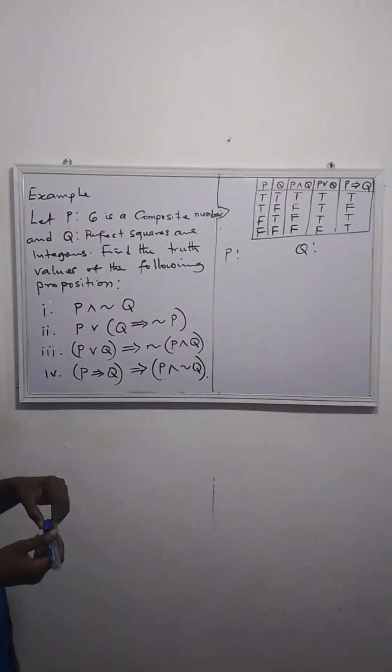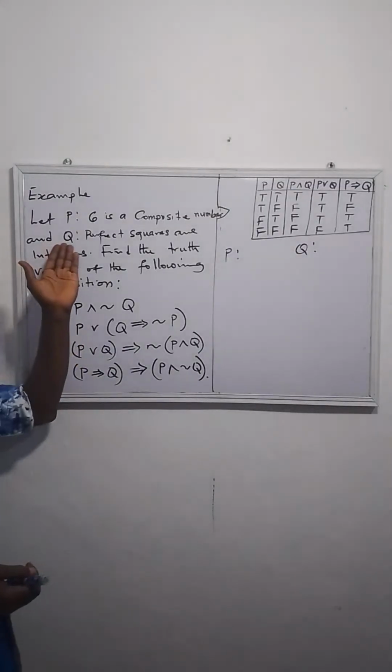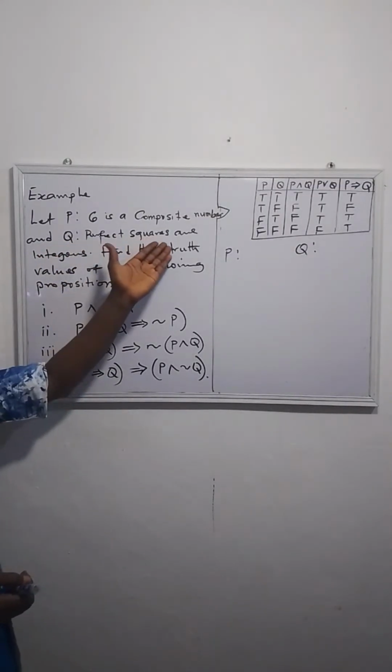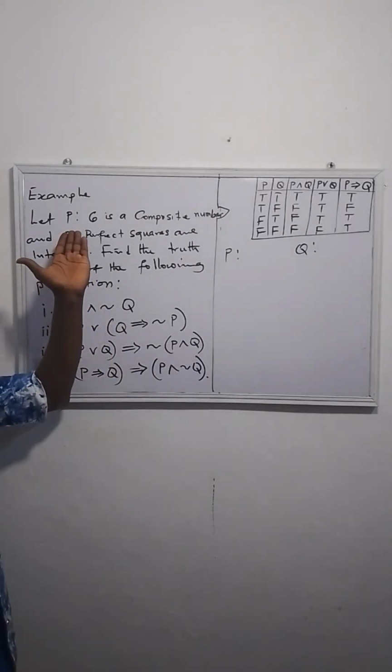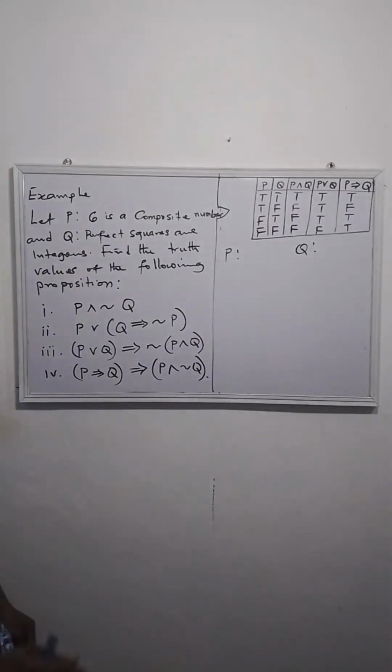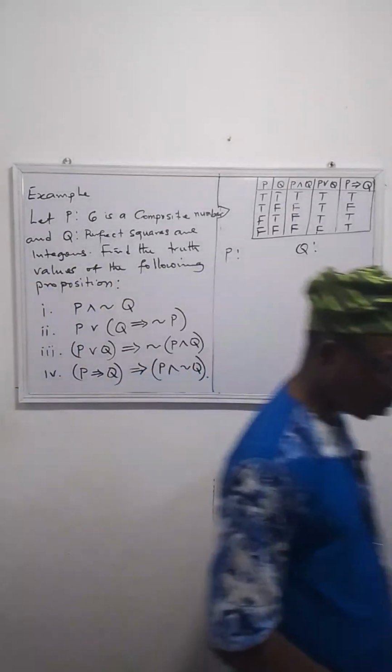And also, what is the truth value of Q? Perfect squares are integers. I want you to drop your answer in the comment section. Just like I told you, this class should be interactive. I've been working since, so I want you to also do something. Drop your answer in the comment section before we commence.